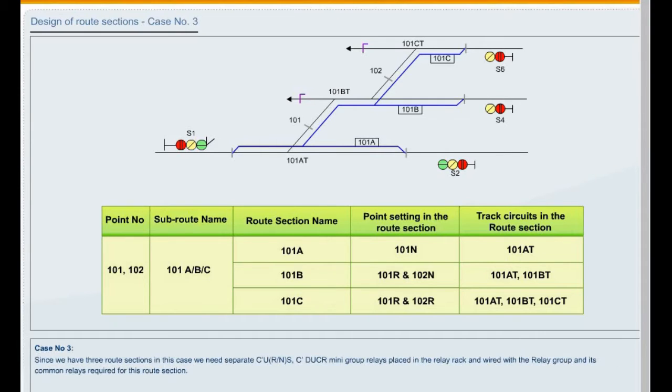Since we have three route sections in this case, we need separate C URS by UNS, C DUCR mini group relays placed in the relay rack and wired with the relay group and its common relays required for this route section.